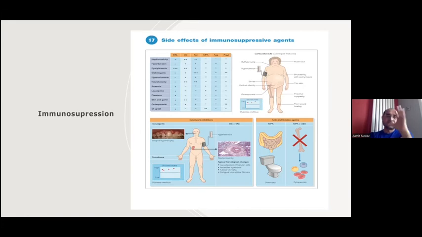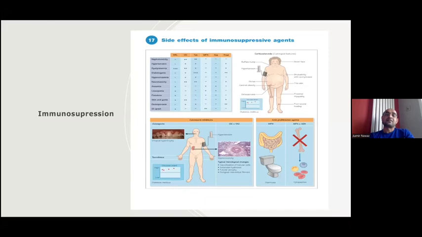If a patient doesn't tolerate tacrolimus because of neurotoxicity, then we put them on cyclosporin, which is also a calcineurin inhibitor. But cyclosporin has its own side effects, and it is not very potent. If we put the patient on cyclosporin, they are more likely to develop rejection.